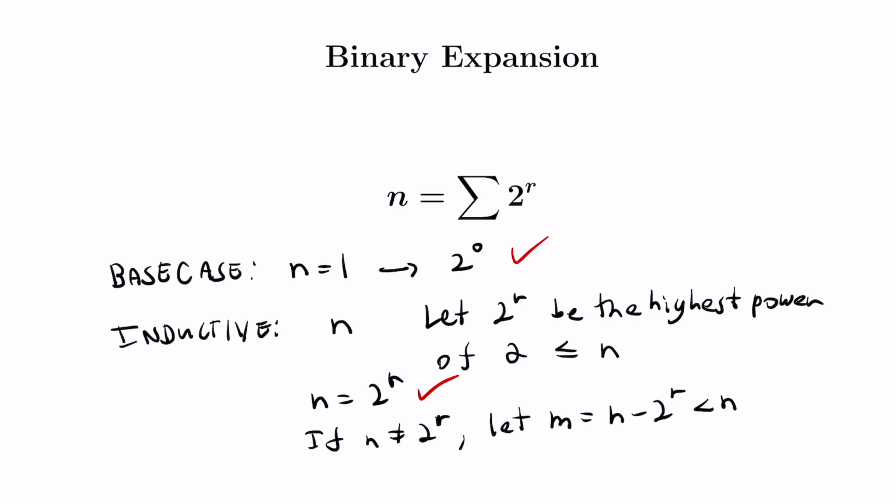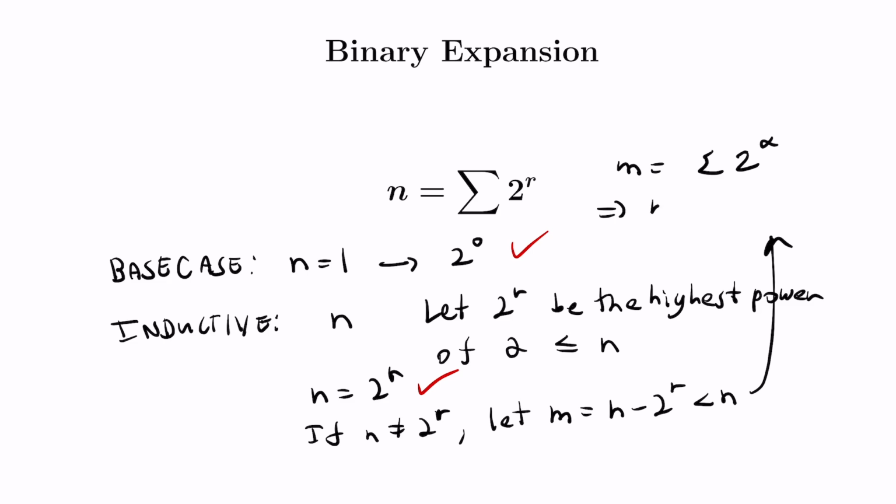Okay, so what we have then is that m itself is a sum of powers of 2. I'll write them as 2 to the alpha. And so n is 2 to the r plus the sum of these numbers 2 to the alpha.